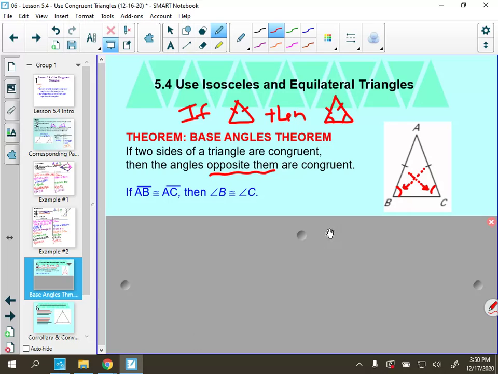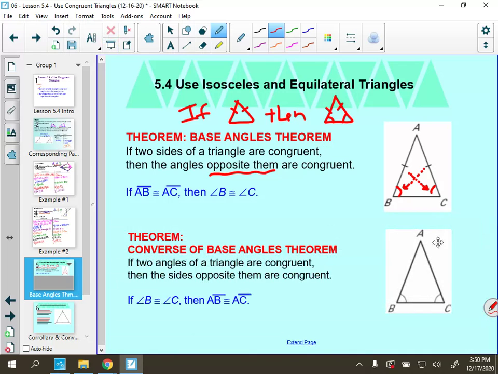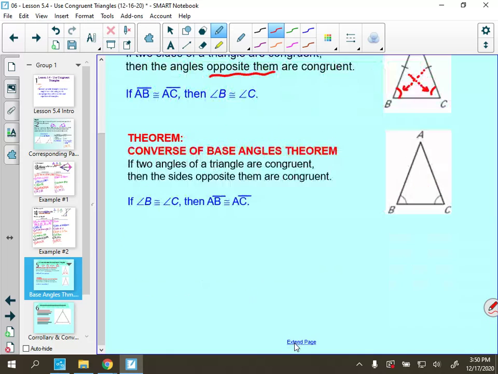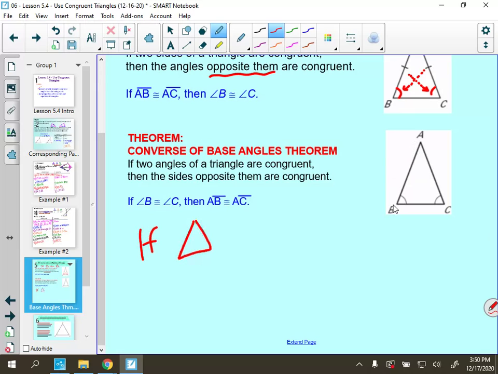That's a two-way street, so it works the other way as well. If I happen to have a triangle right now, I don't know it's isosceles. I just see the picture. So this is how we did it in class. If I have a triangle that is known to have a pair of congruent angles in it, that triangle would have to be isosceles because the sides opposite them would be congruent. So that's all we have to know, that we have a pair of angles that are identical, congruent.